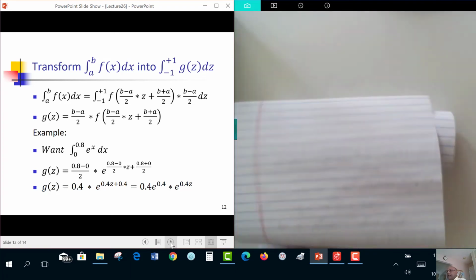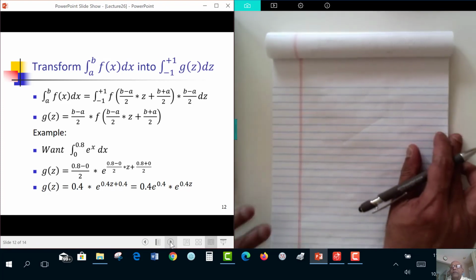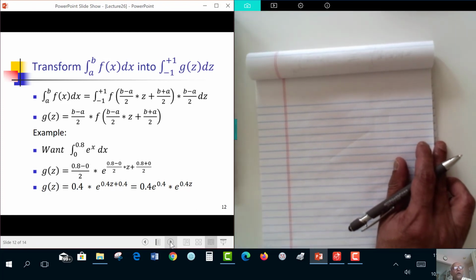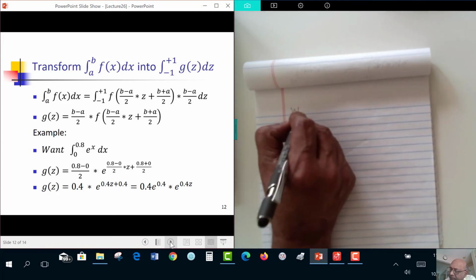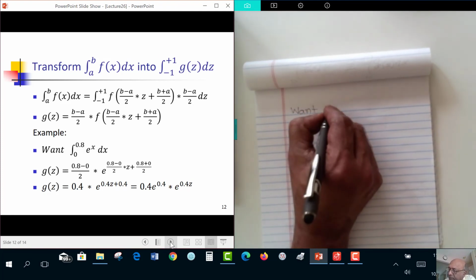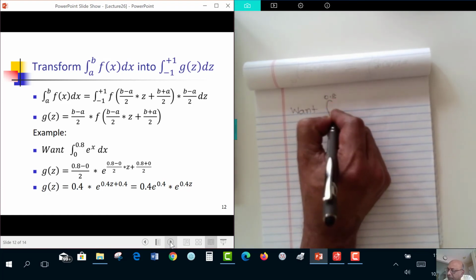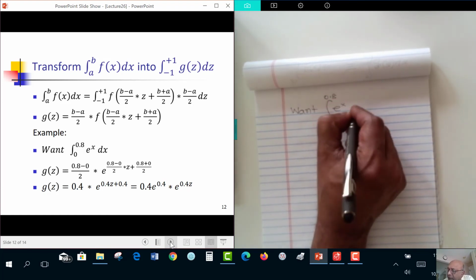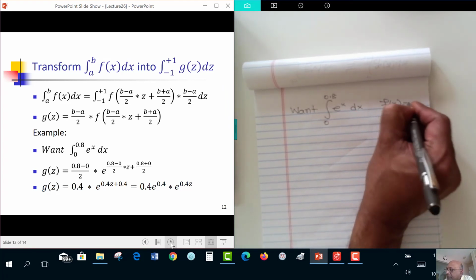Okay. So let's apply it to our example problem. So let's say we want to integrate from 0 to 0.8 e to the x dx. So our function of x is e to the x.